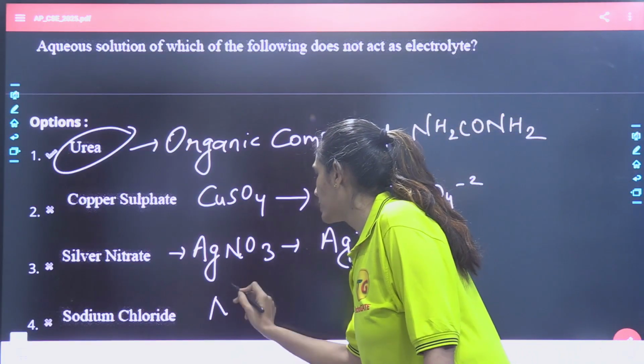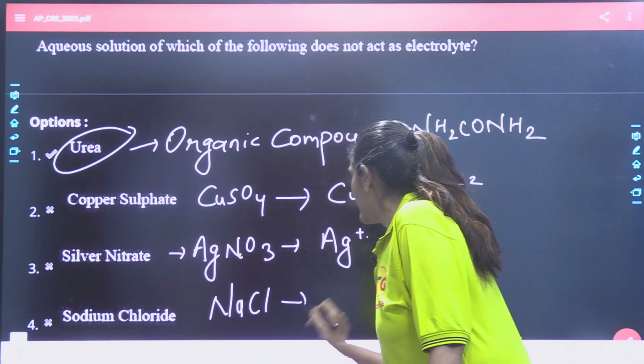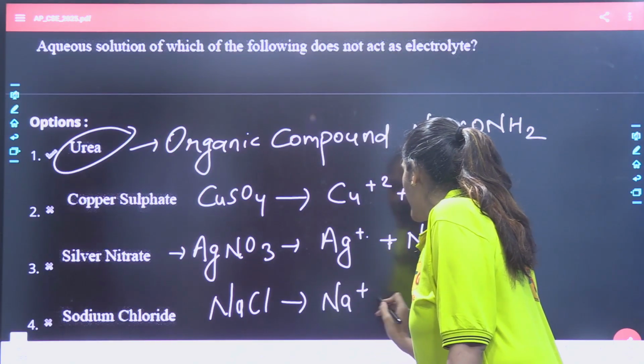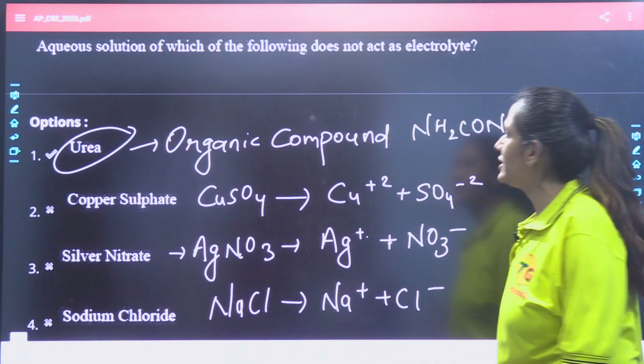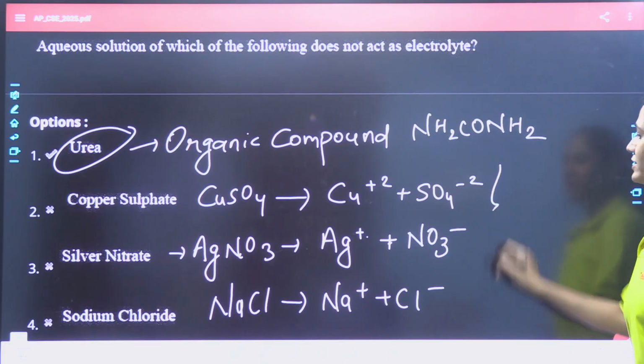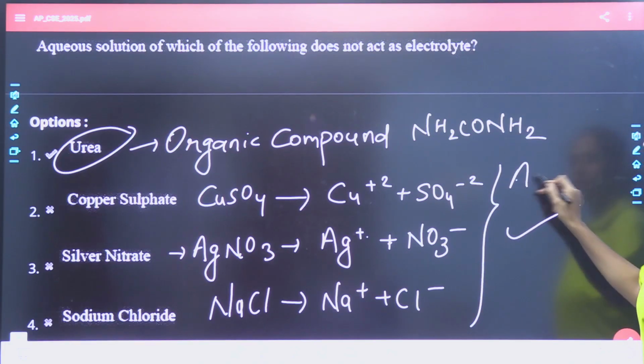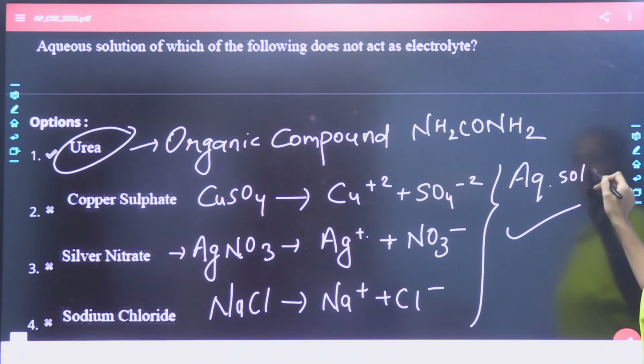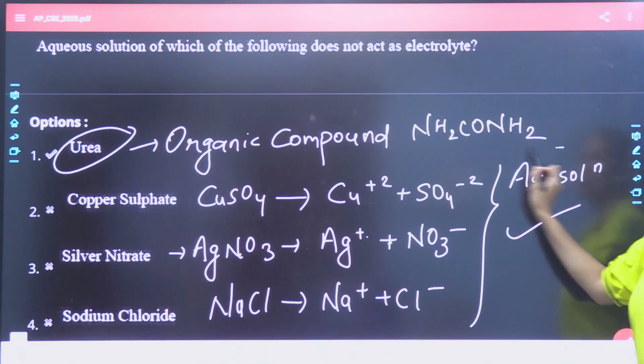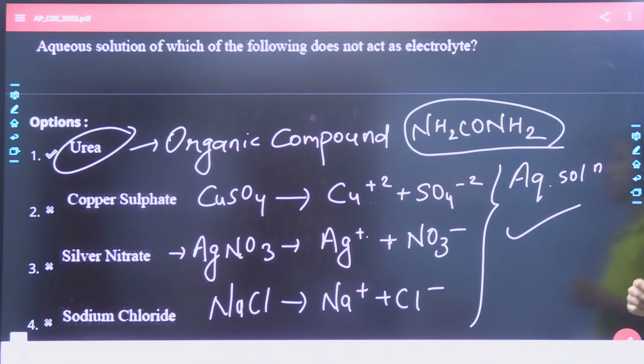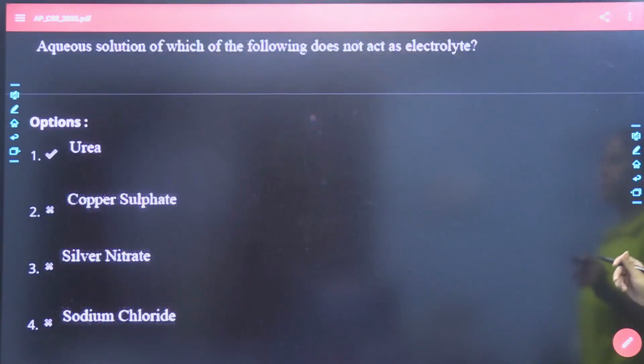Sodium chloride, NaCl, would dissociate into Na plus and Cl minus. So these all would act as electrolytes in their aqueous solutions, meaning in water. And urea, an organic compound NH2CONH2, does not act as an electrolyte in aqueous solution. Clear? So the correct option is option number 1.